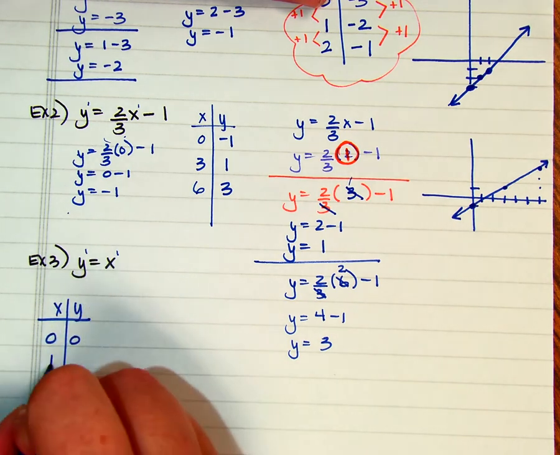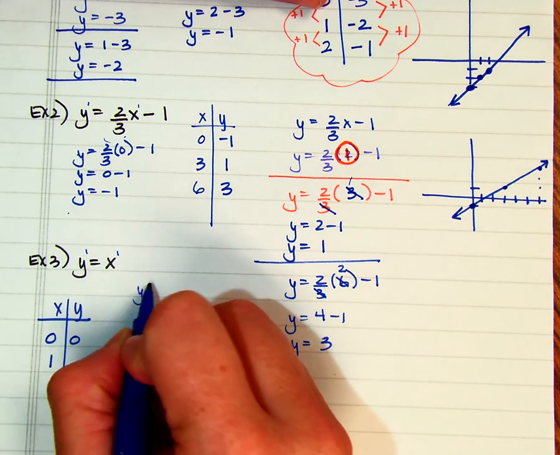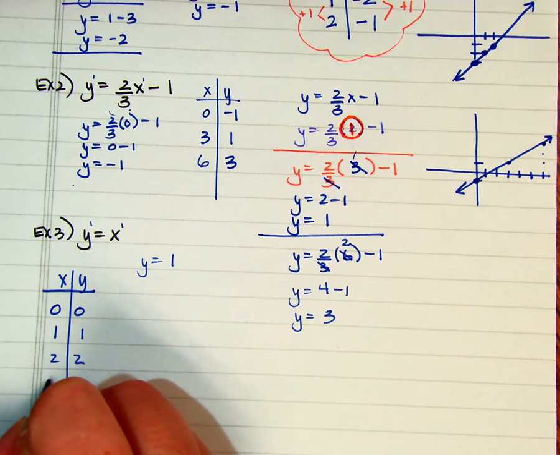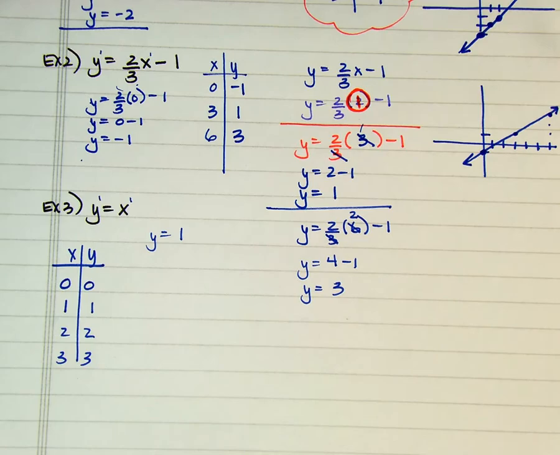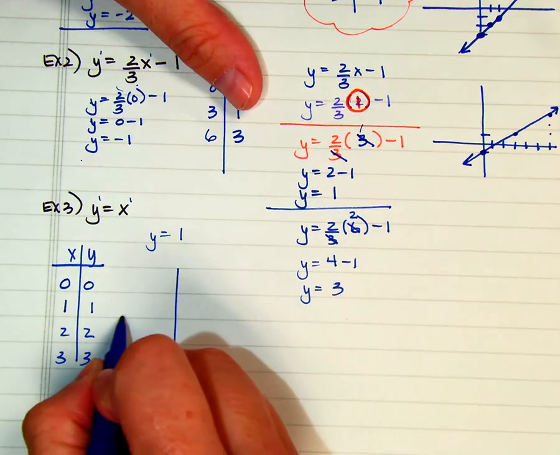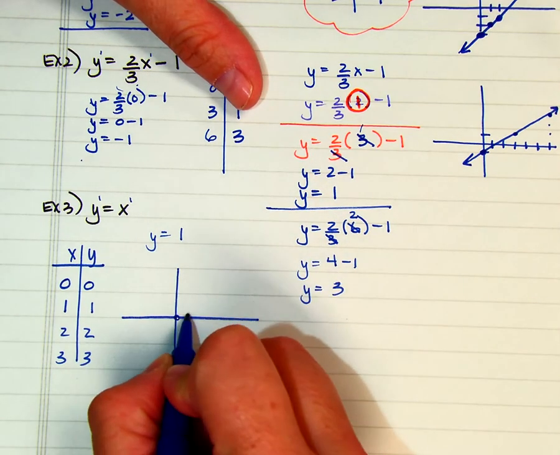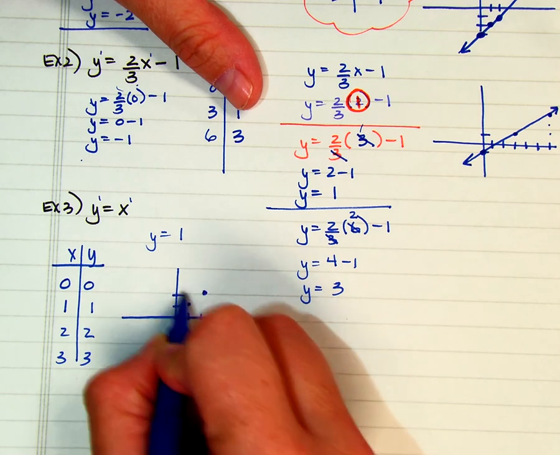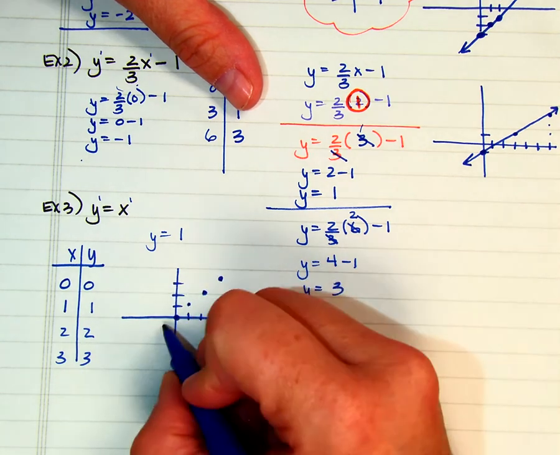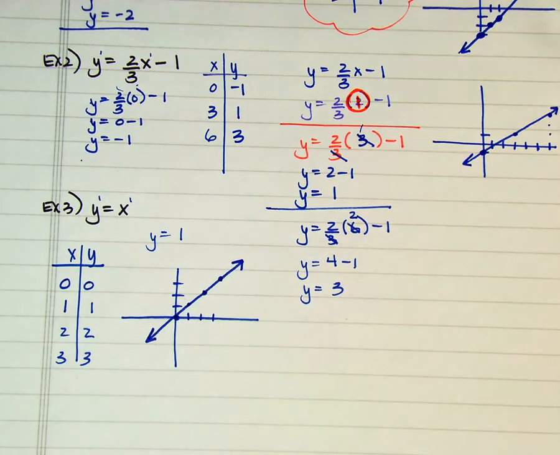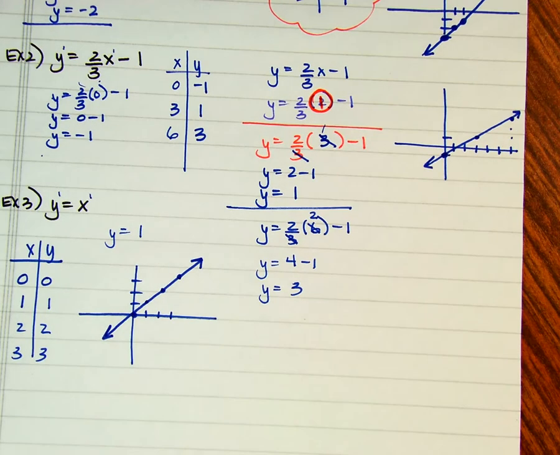If I put in a 1, y equals 1. 2, 2. 3, 3. I could do that till I'm blue in the face. 4, 4, etc. So 0, 0. 1, 1. 2, 2. 3, 3. And I would have that kind of a graph.